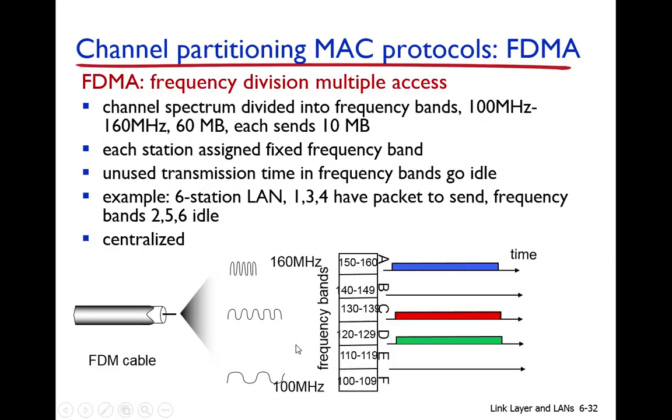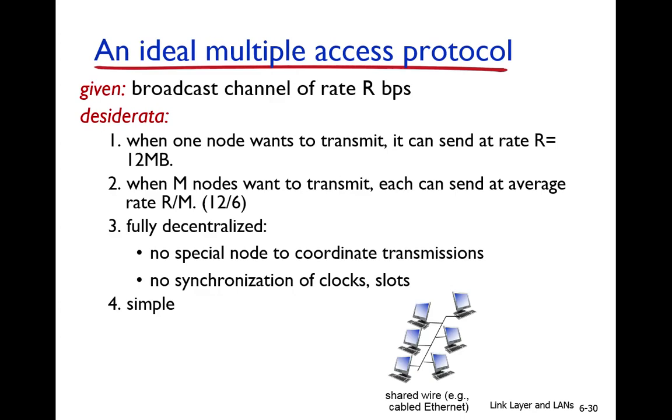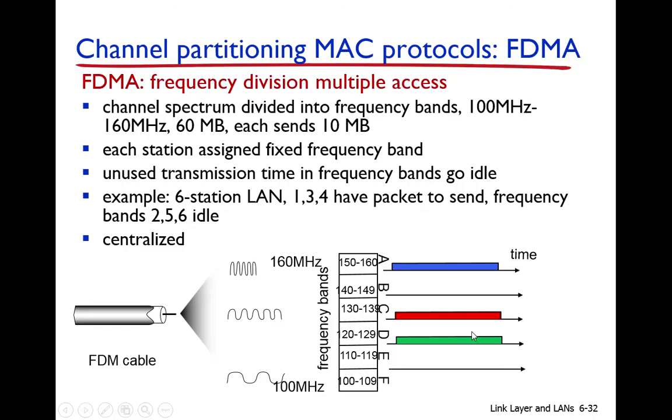Okay. Similarly, the second objective of an ideal multiple access protocol is that when M nodes want to transmit, each node should send at the rate of R by M. That is, each node should send equally on the link. So you can see that in FDMA, if there are 6 nodes, this channel is used equally.